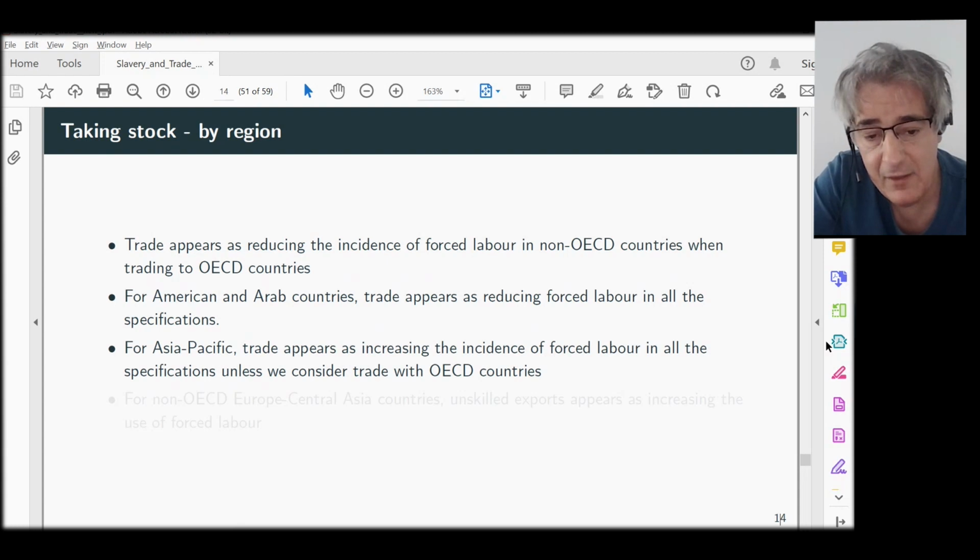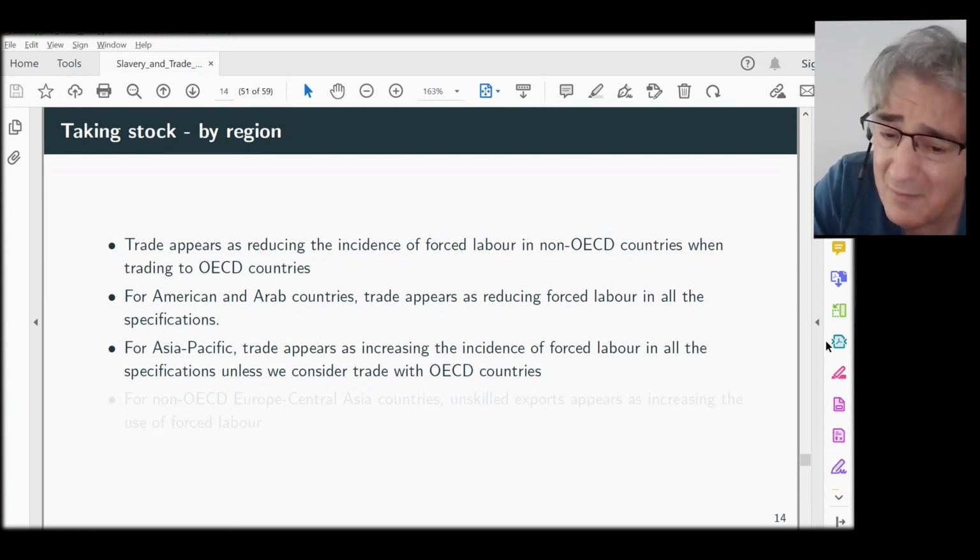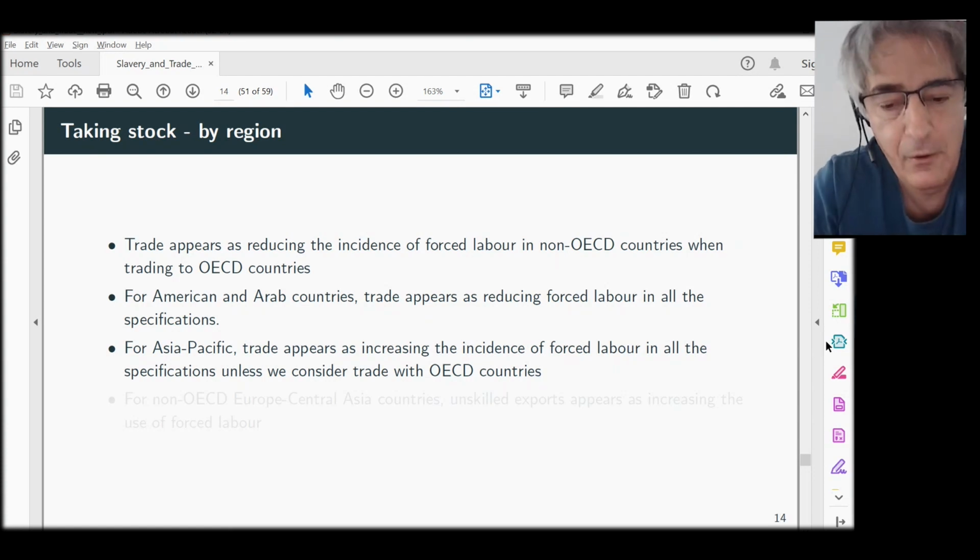In Asia Pacific, trade appears to be increasing the incidence of forced labor in all the specifications. And this makes sense because these are countries that are exporting products that mainly use labor more intensively than, for example, the exports of Arab countries or American countries that are more based on natural resources. So this is already telling you something about the relationship and the channels through which one could affect the other.